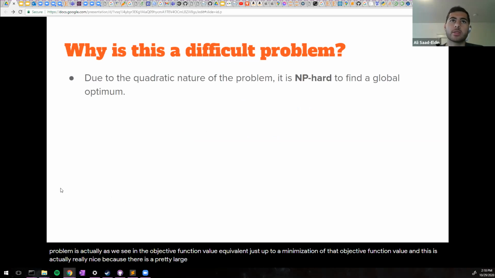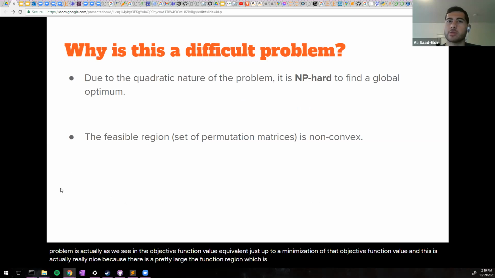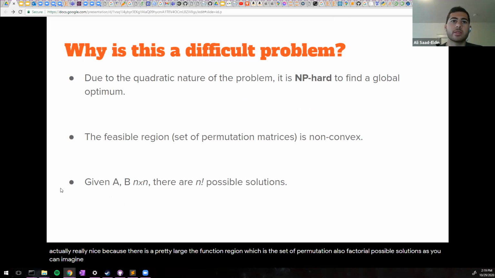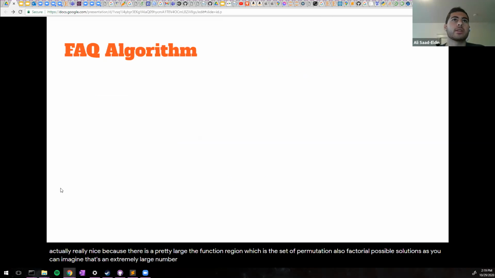The reason this is difficult is that since the objective function is quadratic, it's NP-hard to find a global optimum. Also the feasible region, which is the set of permutation matrices, is non-convex. And permutation matrices of size n have n factorial possible solutions. So as you can imagine, that's an extremely large number.